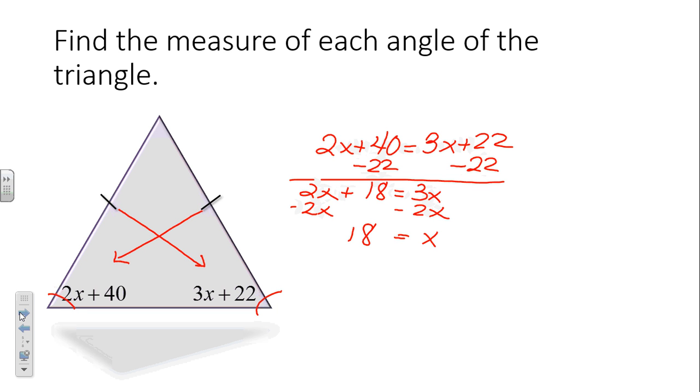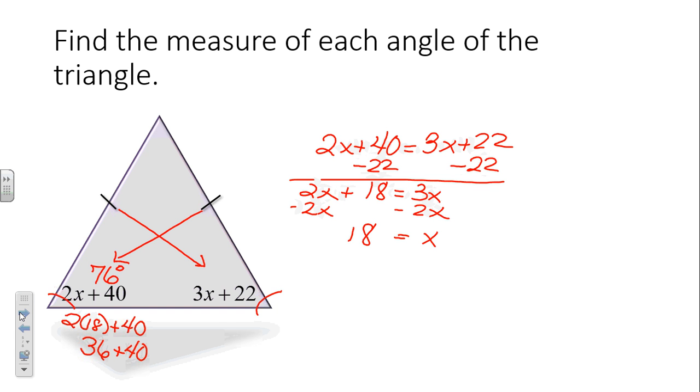Yep, we got to figure out all the angles. Okay? So we know x is 18. So we plug it back in. 2 times 18 plus 40. So 36 and 40 gets us 76 degrees for this one.